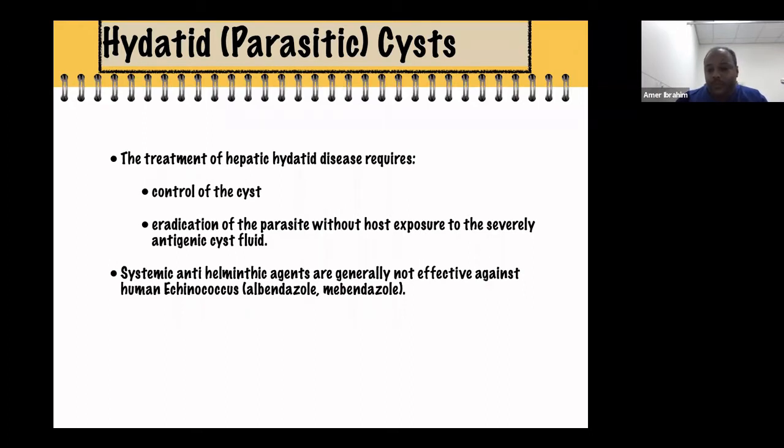The other way is laparoscopic or open resection or enucleation of the cyst, taking care most of the time not to let any of the highly anaphylactic fluid spill into the patient's peritoneum.